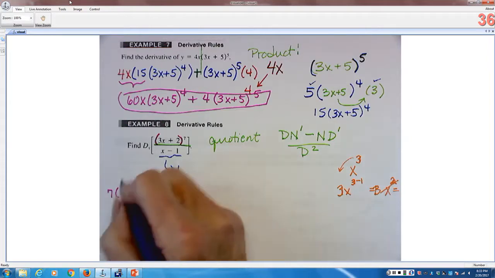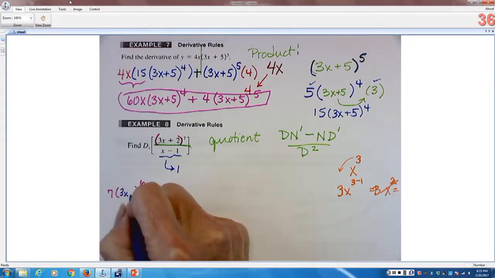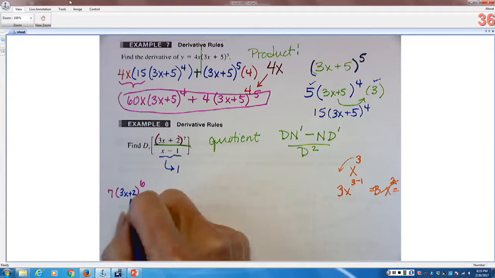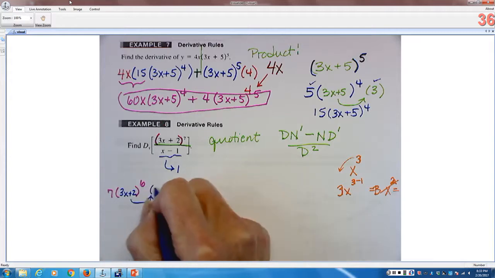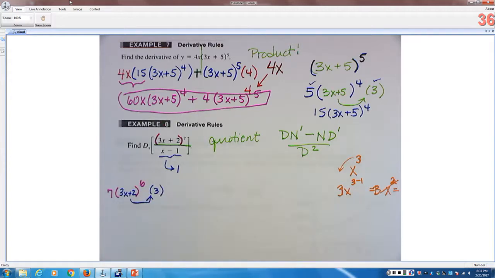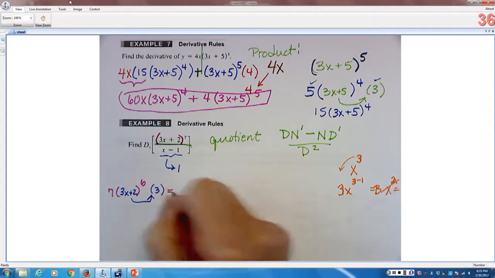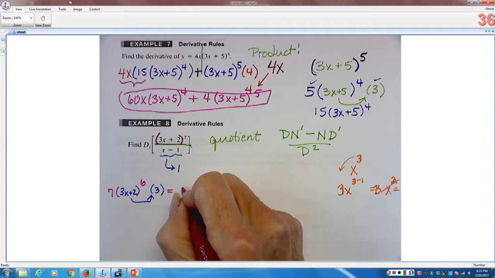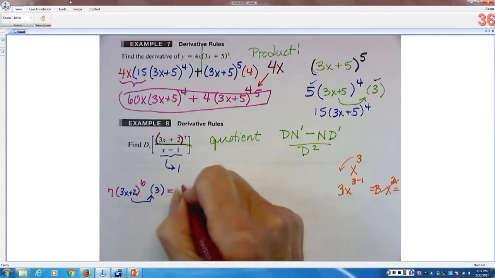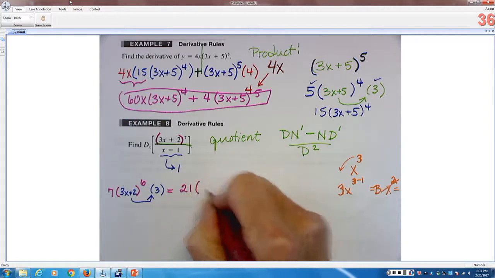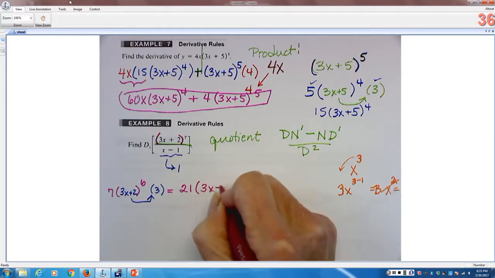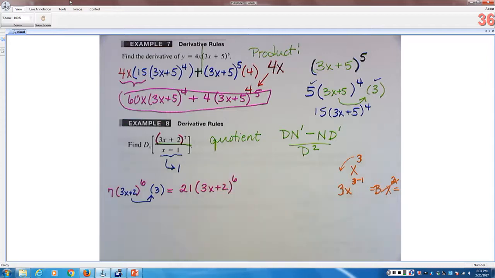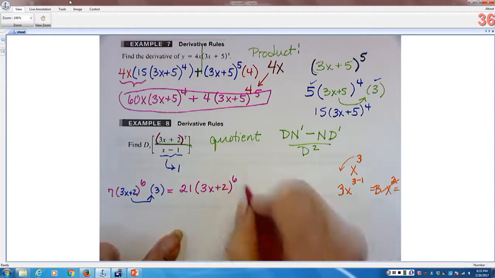And then take what's inside the parentheses and take its derivative, which fortunately is just 3. So 7 times 3 is 21 times 3x plus 2 to the 6th power. And this is n prime.